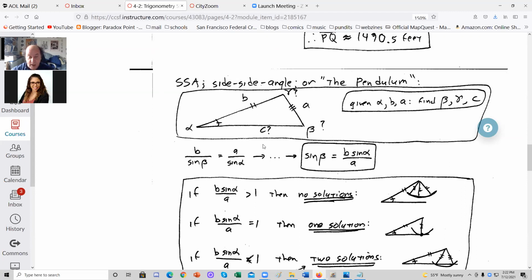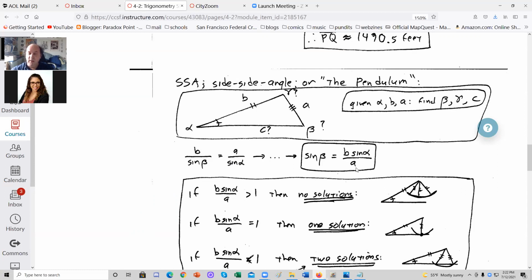Now, we start with the usual law of sines relation, B over sine beta equals A over sine alpha. If you solve for sine beta rather than for B, we first have to flip both of these upside down: sine beta over B equals sine alpha over A. Transpose the B, and get sine beta equals B sine alpha over A. Now, the thing about this is that B sine alpha over A could be less than 1, or could equal 1, or could be greater than 1.